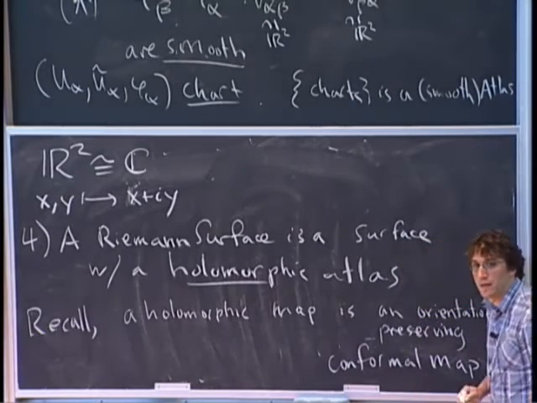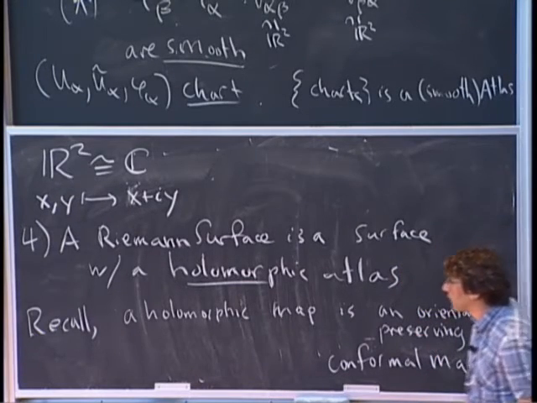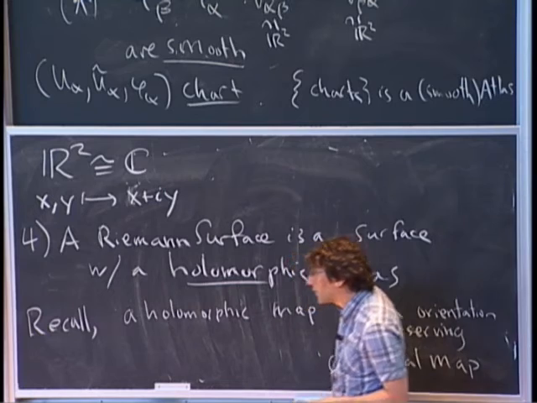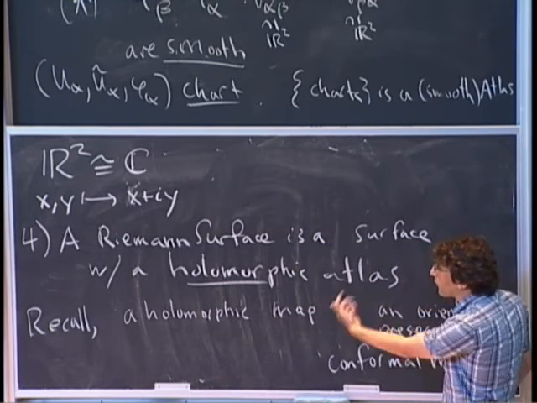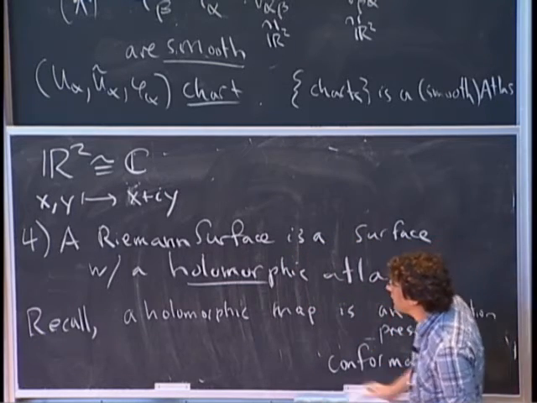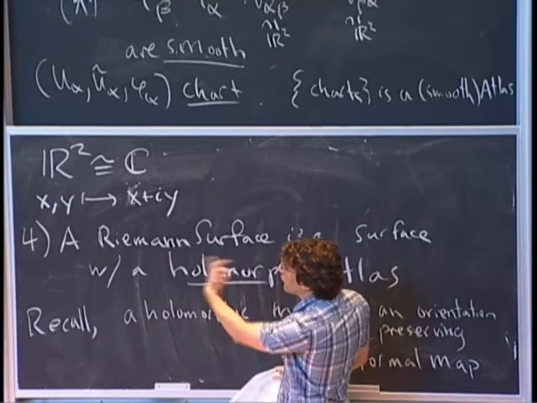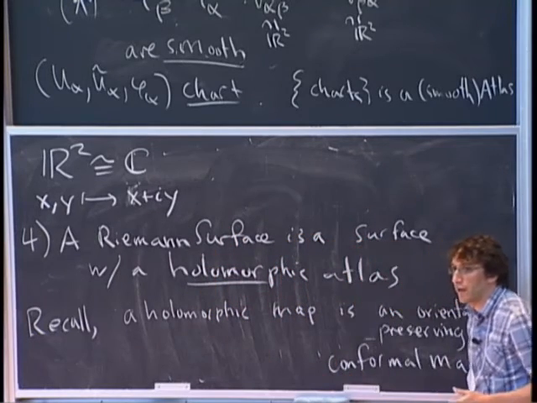You should check this, but it's probably something you recall if you took any complex variables class. If you think of a holomorphic map as an R2 map, it preserves angles infinitesimally.